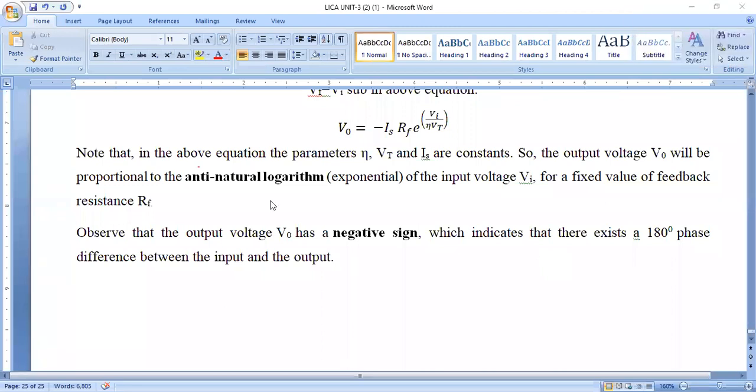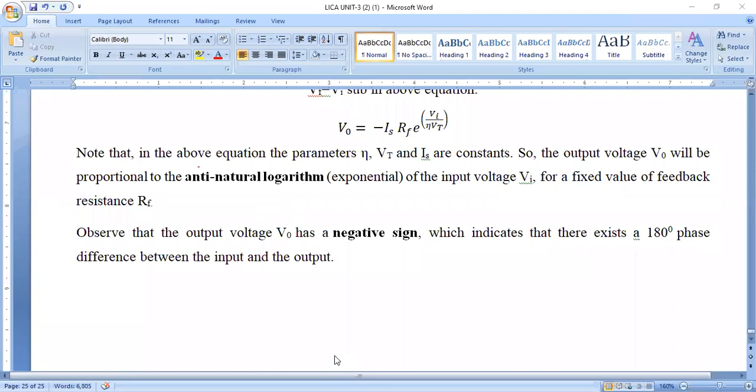In this anti-logarithmic application, the output voltage is proportional to the exponential function of the input voltage, and the exponential function is nothing but the anti-log, so the circuit works as an anti-logarithmic amplifier.